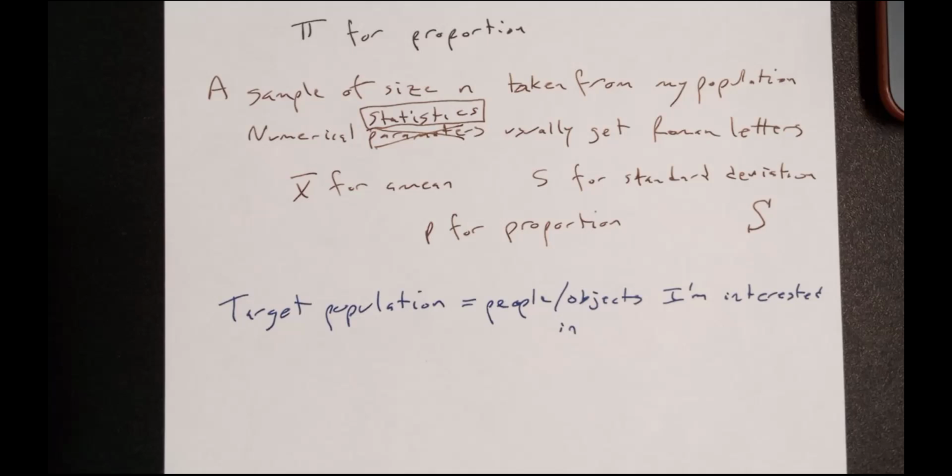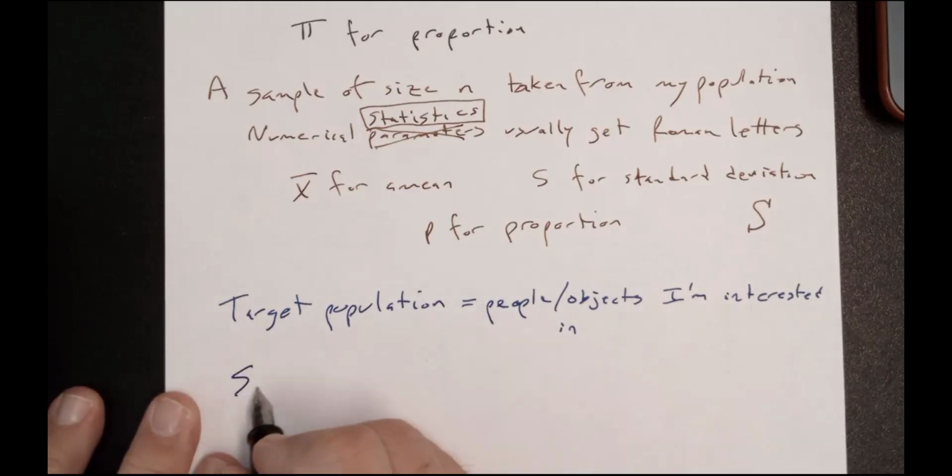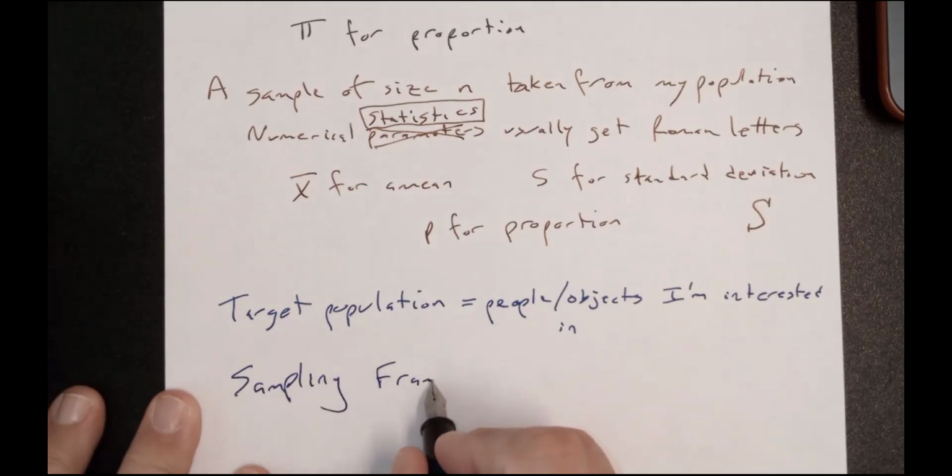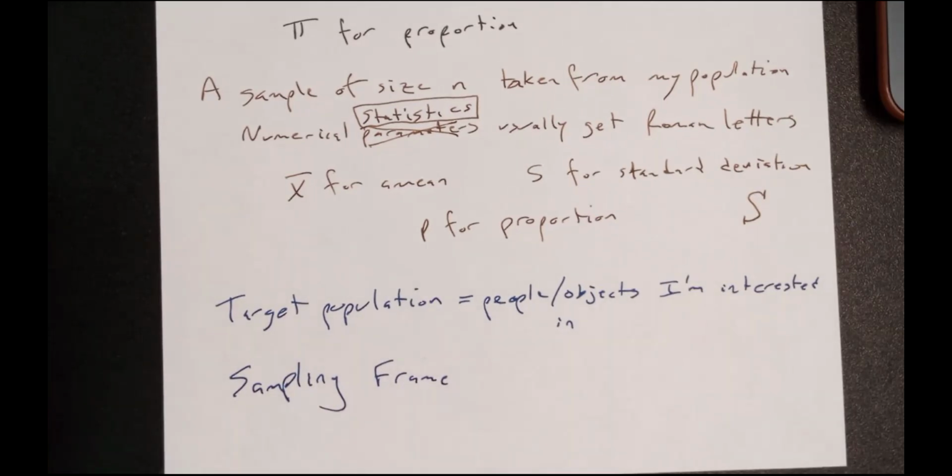So I really don't always have the ability to get at the entire target population if we take our sample. So that means we need to define a sampling frame. This is the group from which we take the sample.